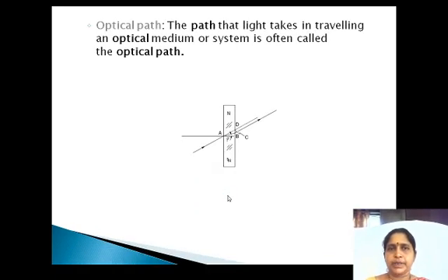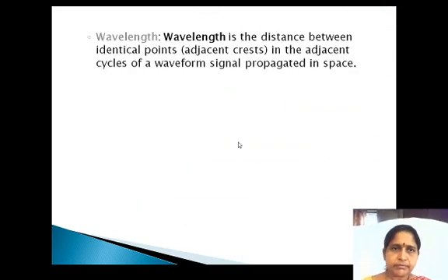Another definition, optical path. The path that light takes in traveling through an optical medium or system is called the optical path.